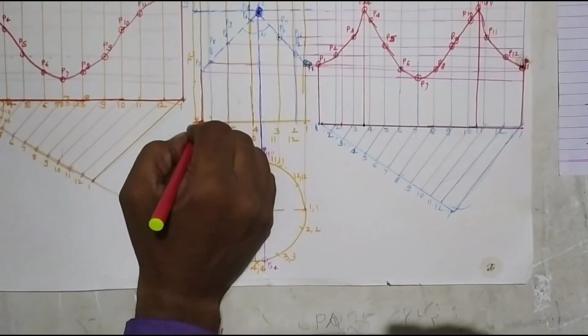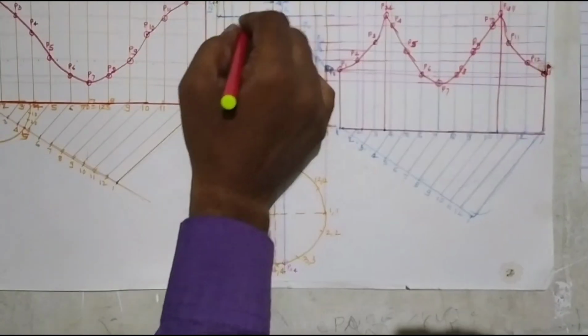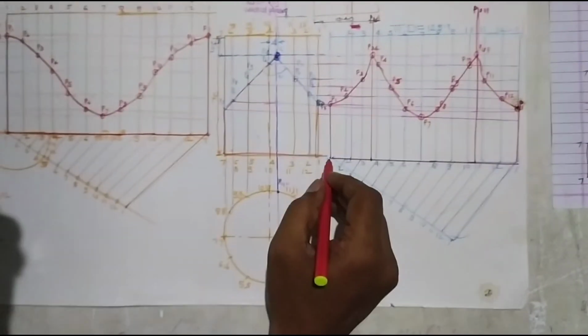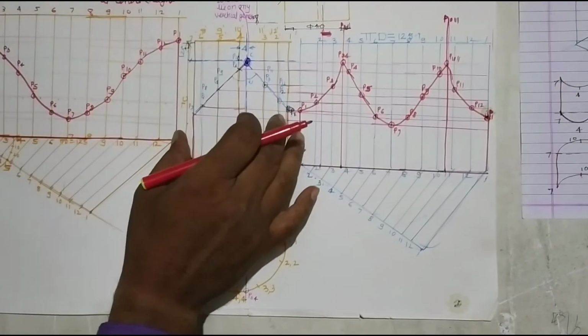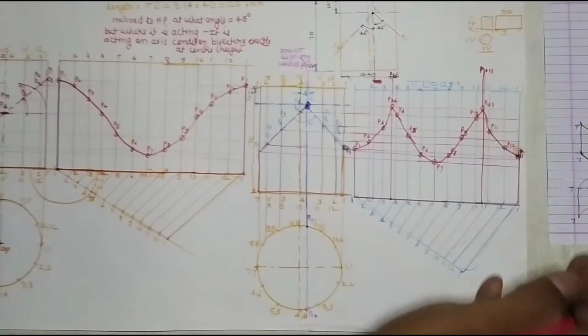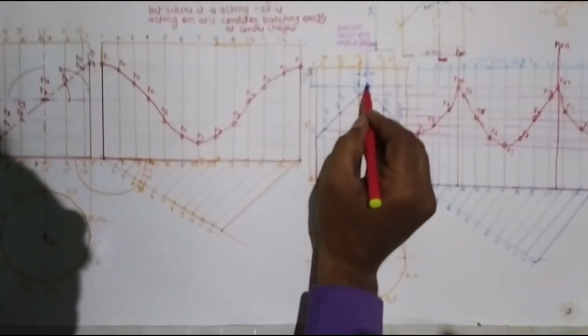This is the retained portion, the required portion, and this is the cut portion of the object. If I roll it and join 1 to P1, we will obtain the front view in this fashion.